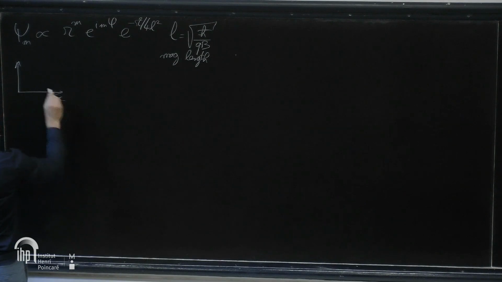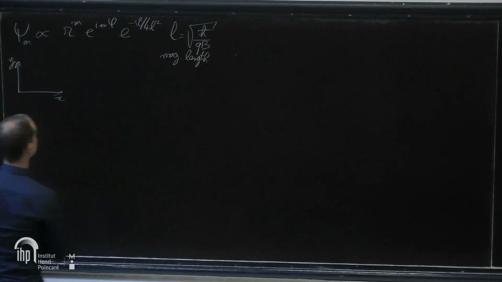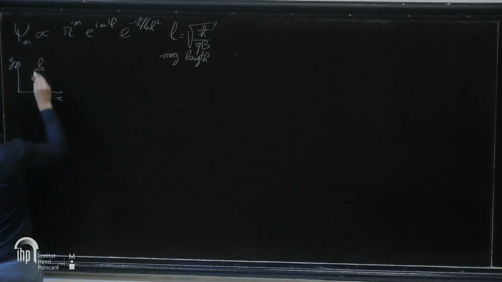And it's important to know how the density is organized in those states. So if I start with the state m equals 0, there is nothing here. It's simply a Gaussian that I plot here, and the extent is l. So this is for m equals 0.